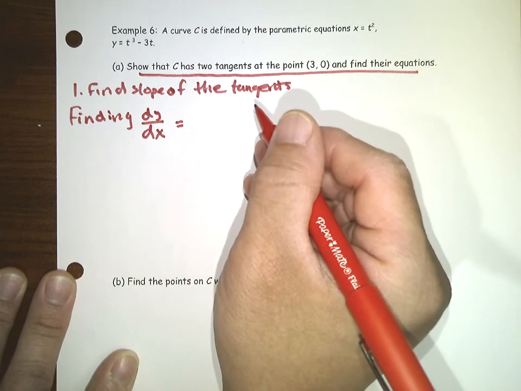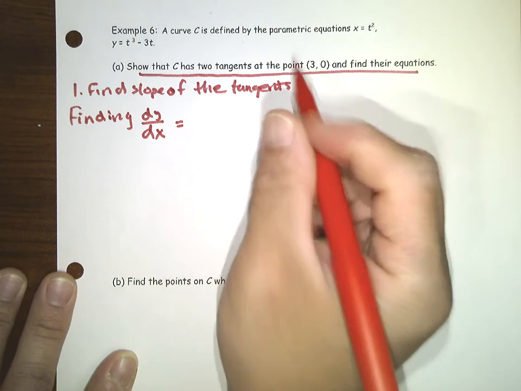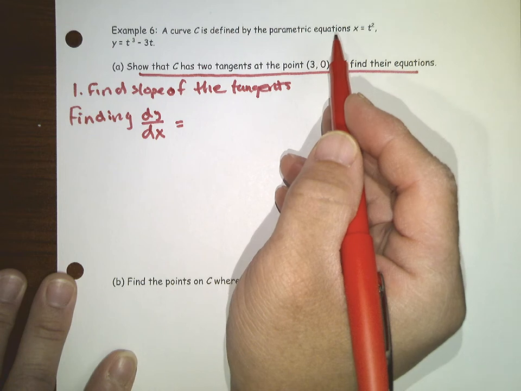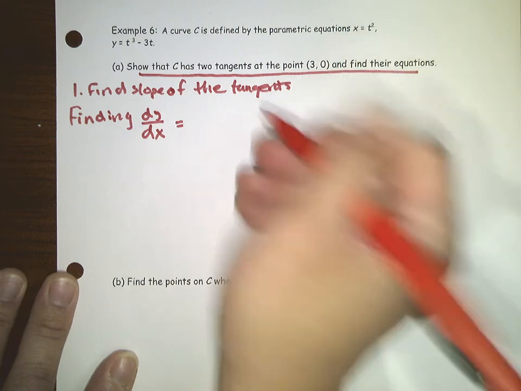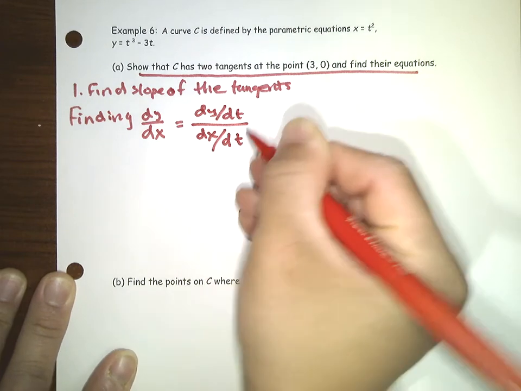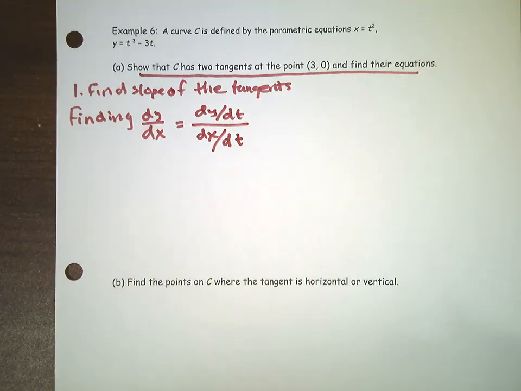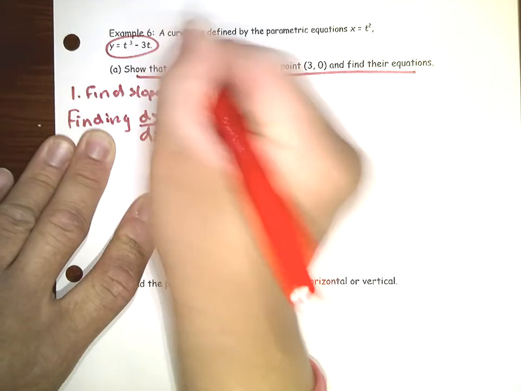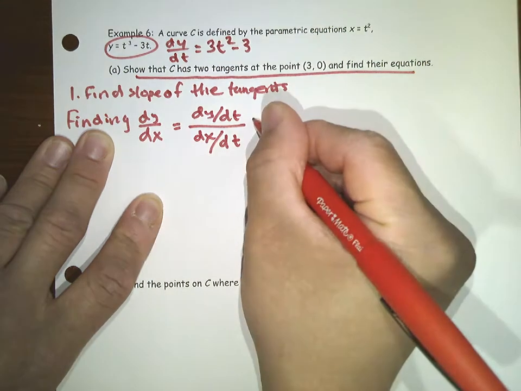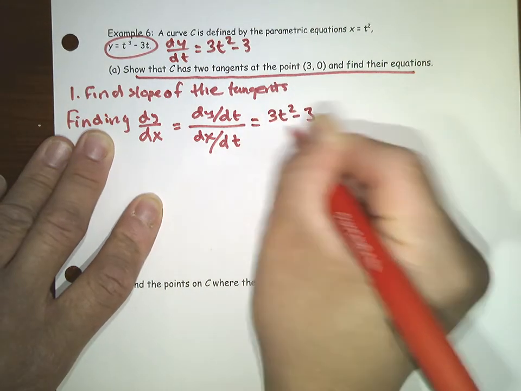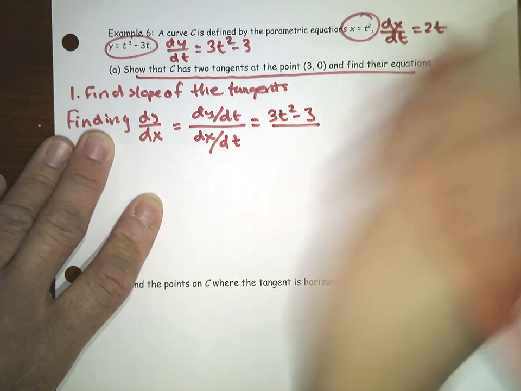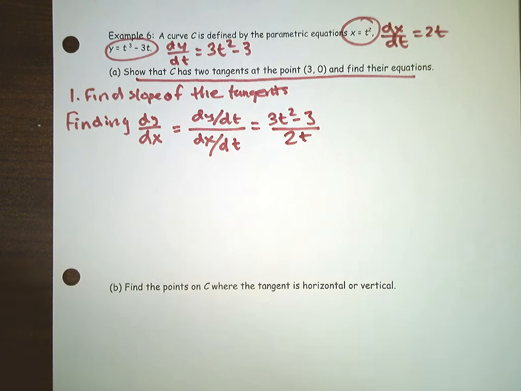Since we don't have a function in terms of just x and y here, we can do this as dy/dt over dx/dt. So what is dy/dt? If this is y, then dy/dt is 3t squared minus 3, and dx/dt, if this is x, is 2t. So that is the slope of the tangent.